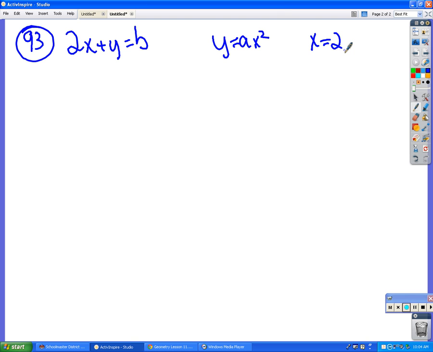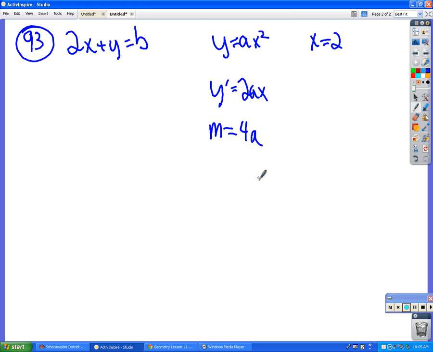The derivative of this is 2ax, right? And we're concerned about what's going on at the point x equals 2. So plug it in. That means the slope of the parabola at that point would be 4a. So if I want this line to be tangent there, it needs to have a slope of 4a.